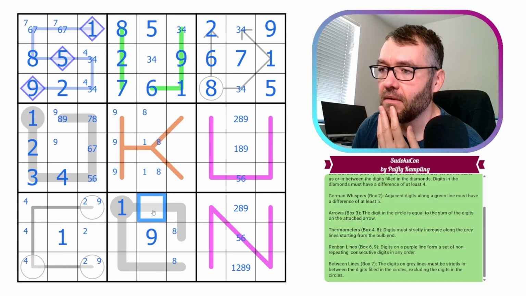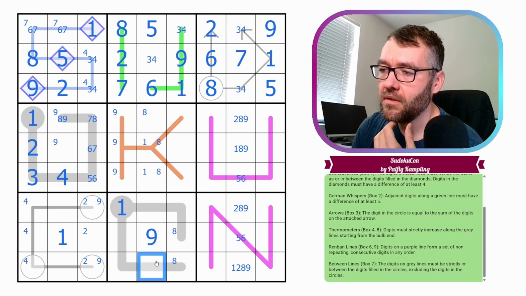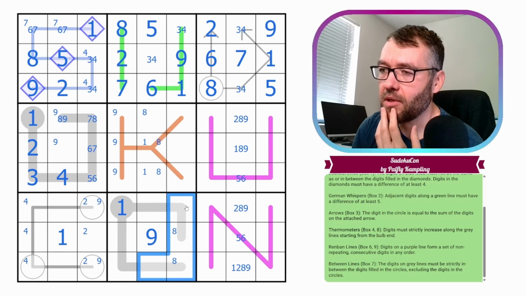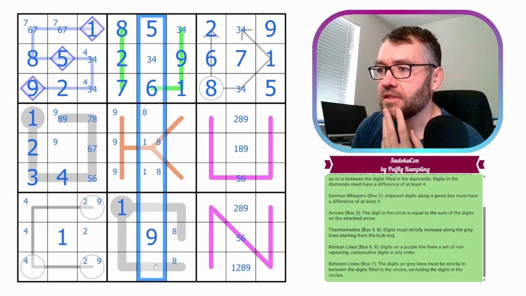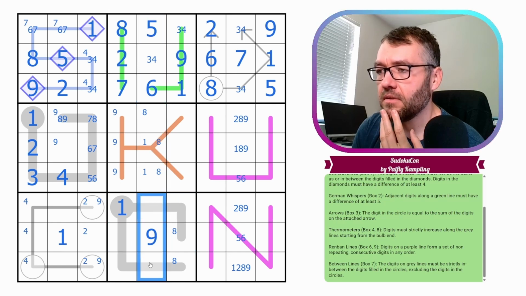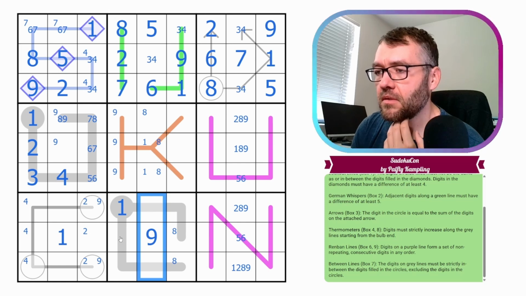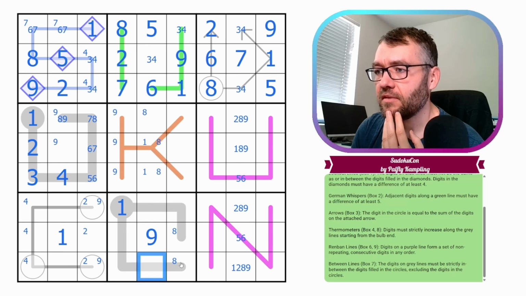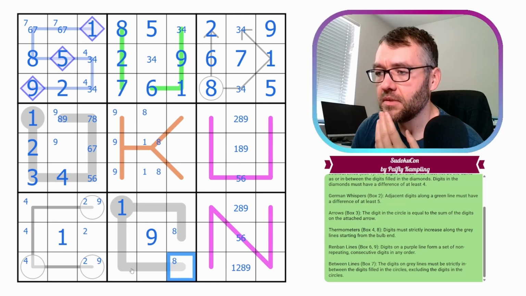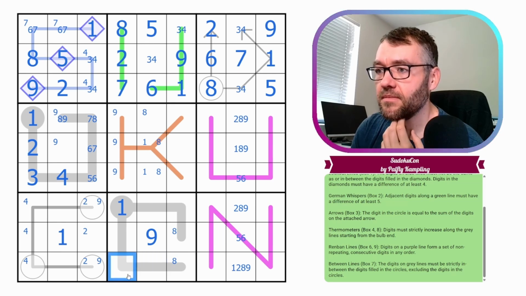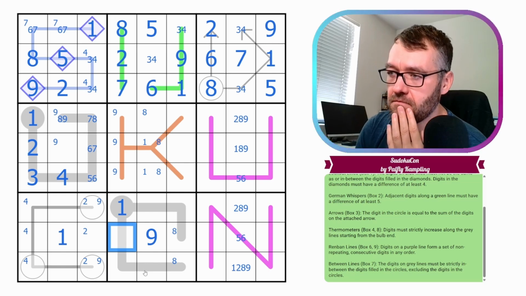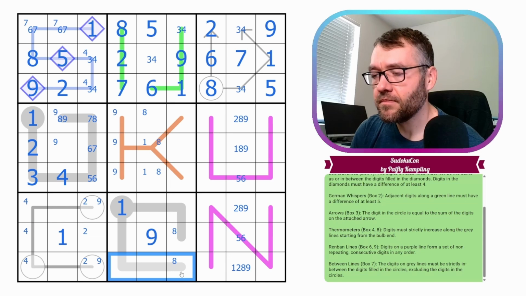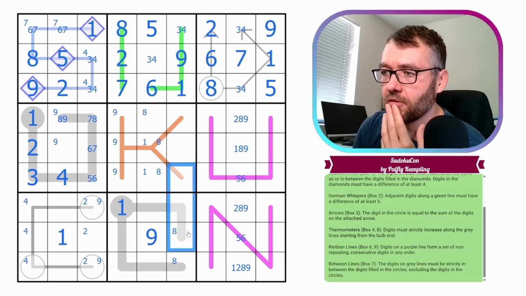Can't go here. It could go here. 7, I think, can go in any of these boxes. Let's see, 5 and 6 also can't go down here. Can 6 go in here? Yeah, you could do 6, 7, 8. That works. So 6 could still go here. It can't go here, though. So 6 is either going down here or over here.